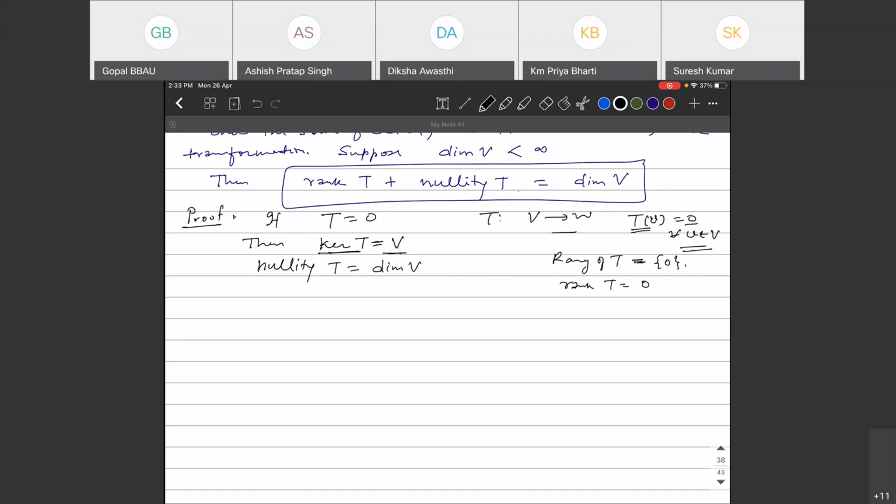If T is 0, we are done. Correct? So 0, which is the rank of T. So when T is 0, we are done.